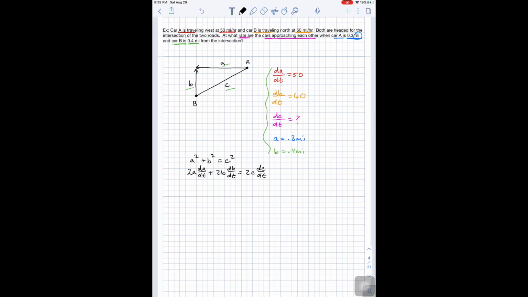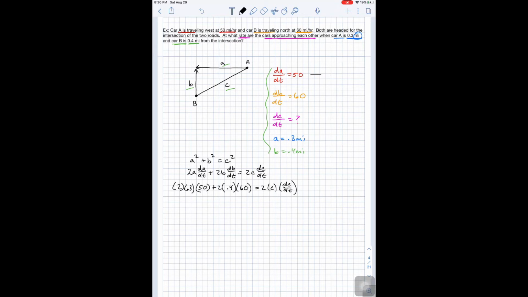Okay, plug some stuff in. I've got dA/dt is 50, A is 0.3, got a 2 out here. The B value is 0.4, and dB/dt is 60. 2, I don't know what C is, and dC/dt is what I'm looking for, right?